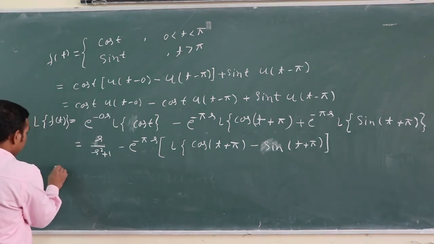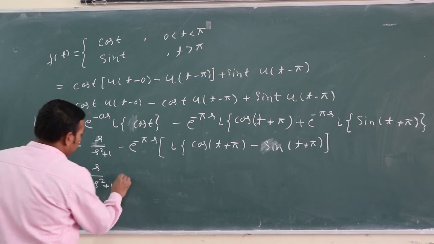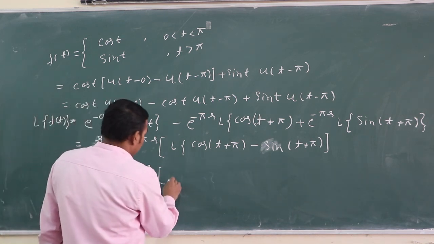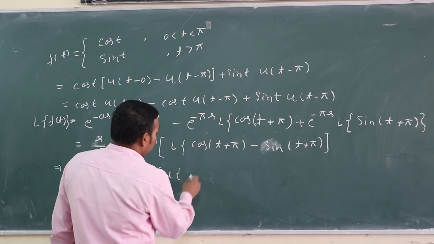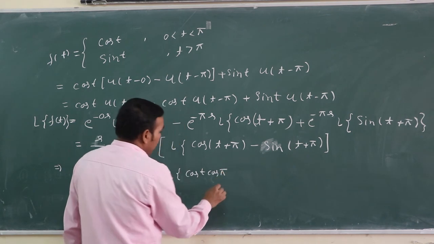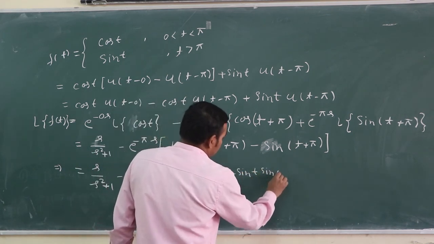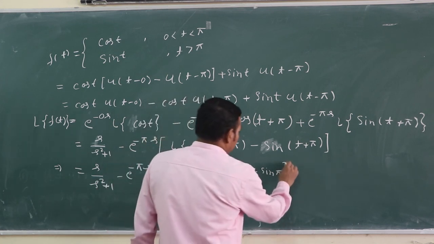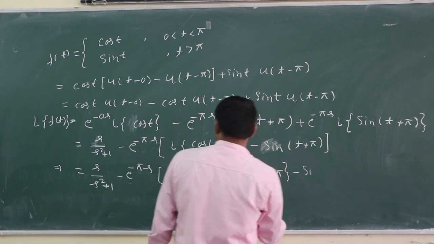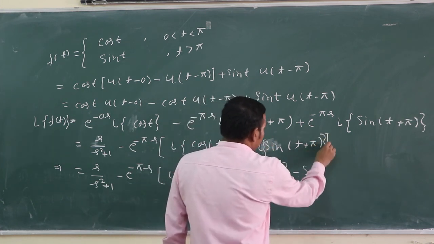This implies s upon s square plus 1 minus e to the power minus pi s Laplace of [cos t cos pi minus sin t sin pi] minus Laplace of sin(t plus pi).